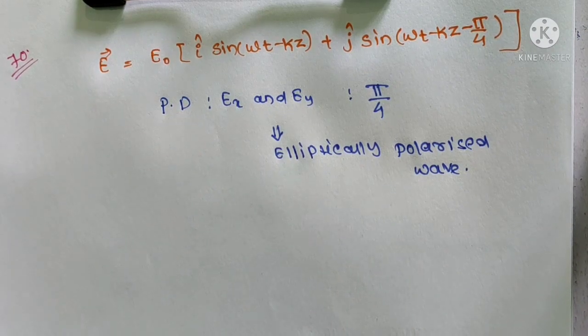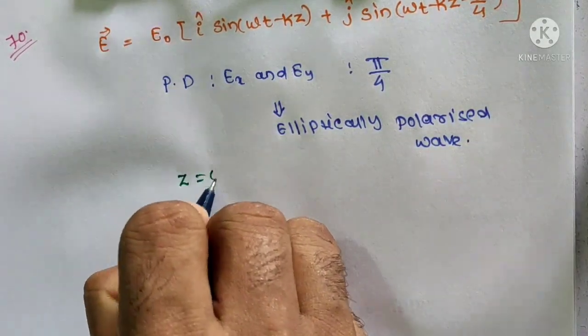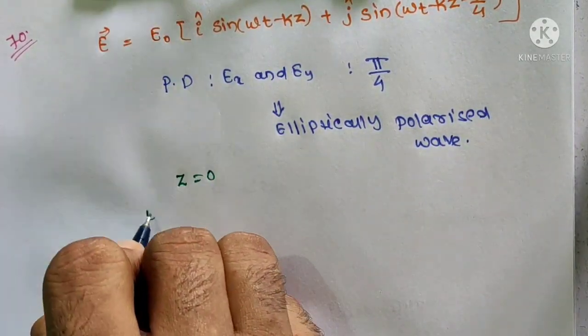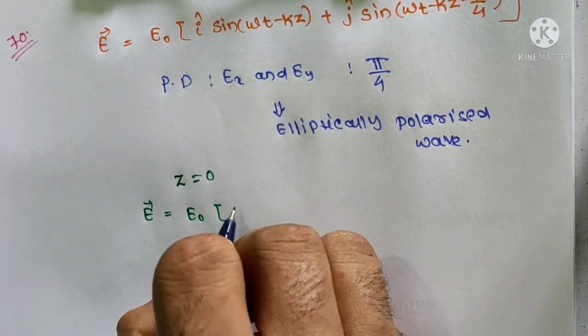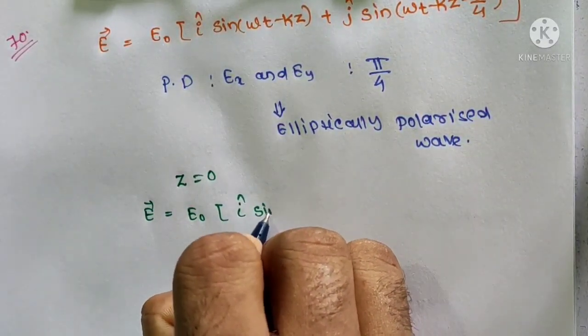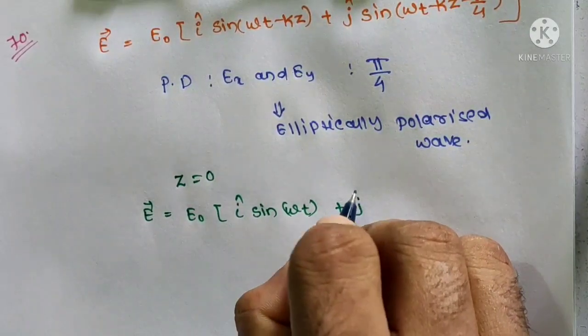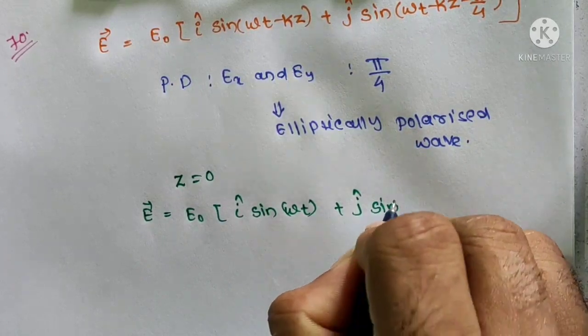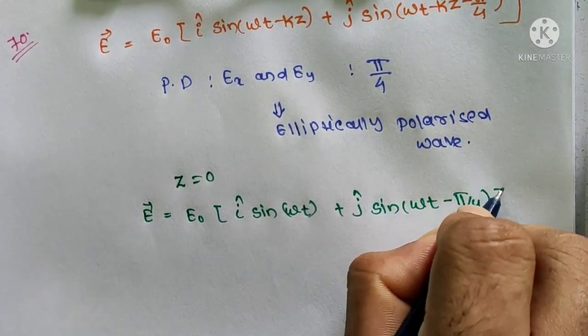To check this, let's consider z equal to 0. So the electric field E will be E naught, I cap sin omega t plus j cap sin omega t minus pi by 4.